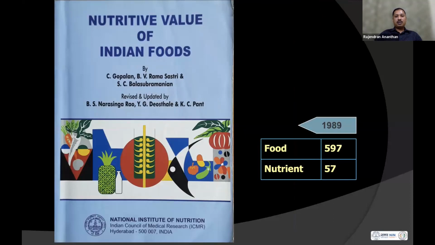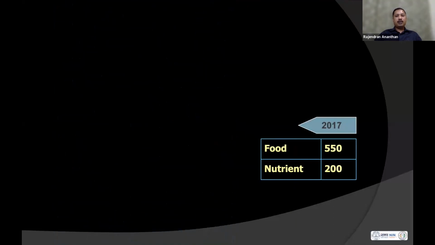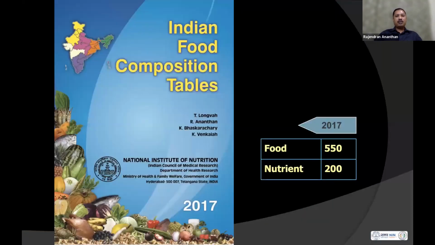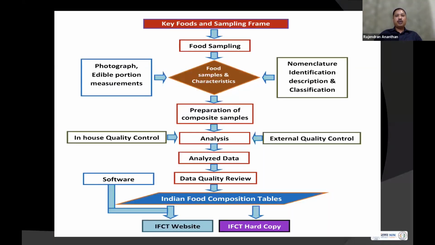The last revision by Gopalan et al. in 1989 had 597 foods containing 57 nutrients. Then we revised and released in 2017, after many years, the Indian Food Composition Tables, which we are going to see in detail.